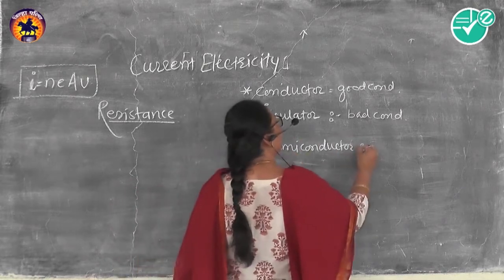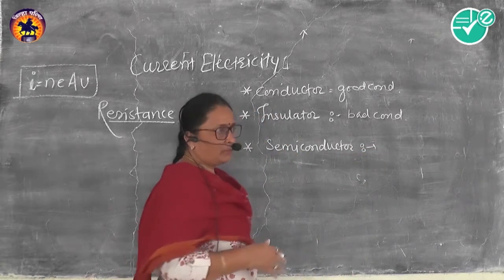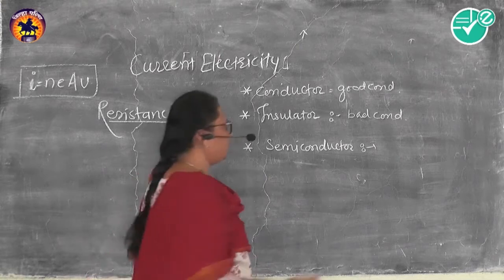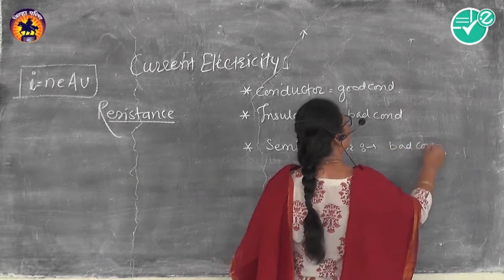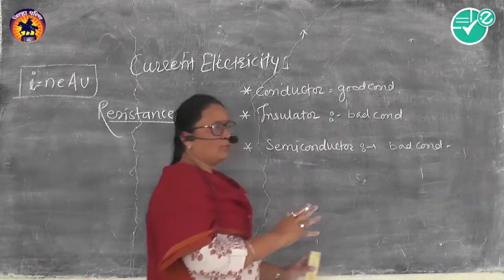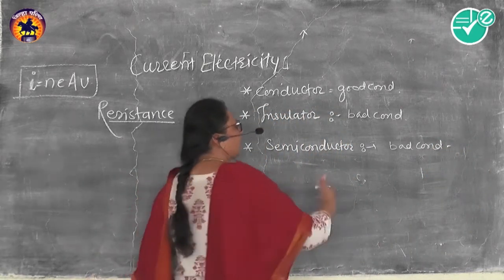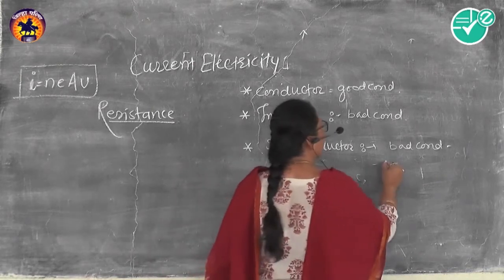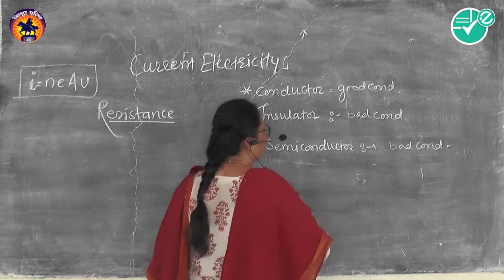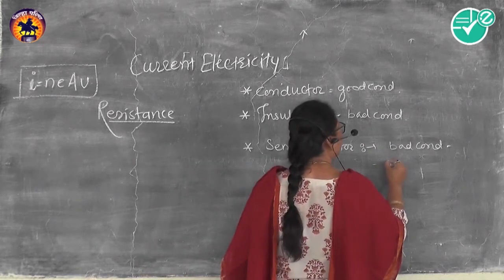And finally, semiconductor. This semiconductor material is a special type of material because it acts as a bad conductor at normal temperature, and if there is a change in temperature, then it behaves as a conductor.